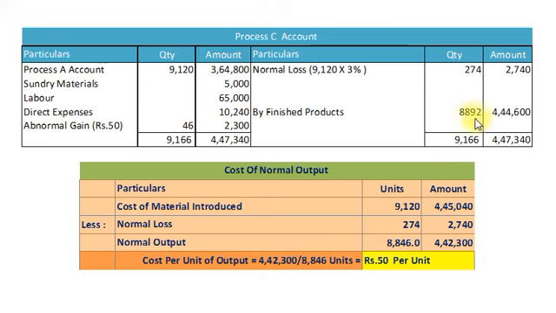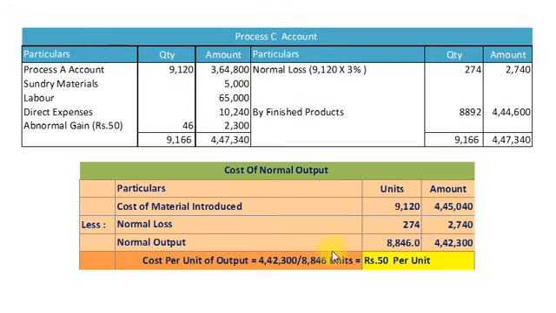So now we will work out the cost price of finished product and abnormal gain units. Here is the working. Cost of material introduced with other cost elements, units 9,120, amount 4,45,040, that is material cost plus sundry material plus labor plus direct expenses, minus normal loss with its realized value 274 units and 2,740 rupees.